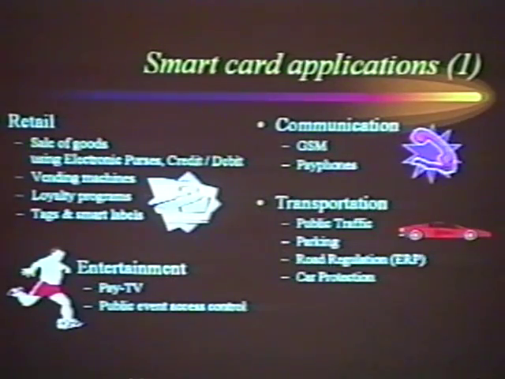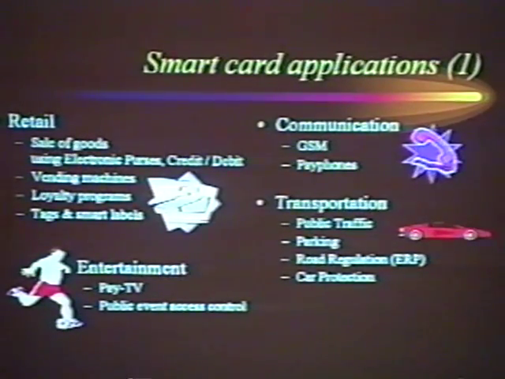But the thing that is popular in other countries is entertainment, pay TV. There are a lot of countries where pay TV is offered for commercial prices, and you use a smart card to be able to view specific channels. There's also a lot of hacking and a lot of fraud in this area.